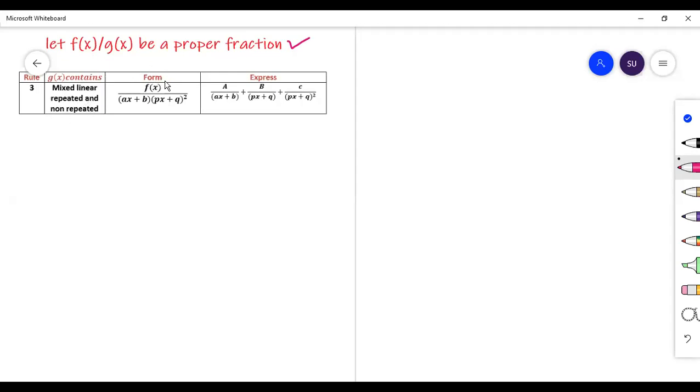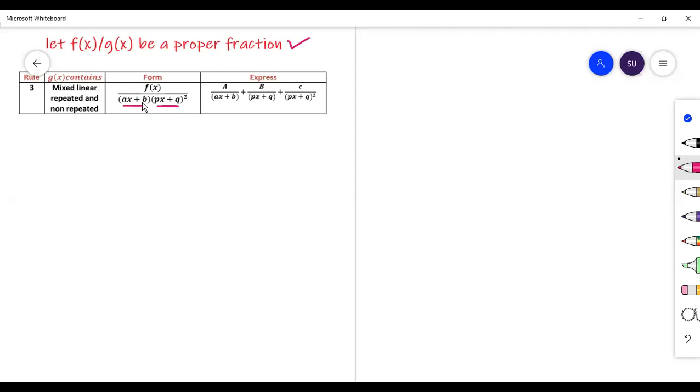So in general, if the form is f of x by (ax plus b)(px plus q) whole square, where ax plus b is linear and px plus q is also linear, but ax plus b is not repeated, whereas px plus q is repeated twice, then how to express this in the form of partial fractions?